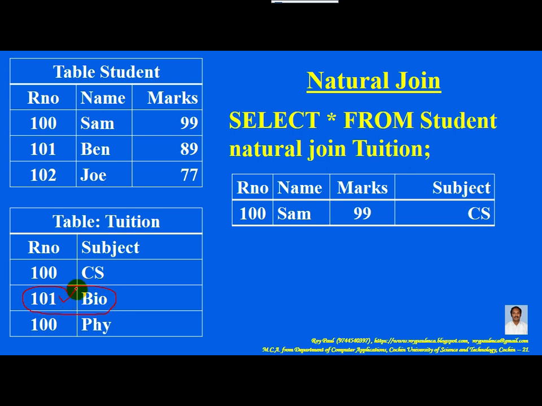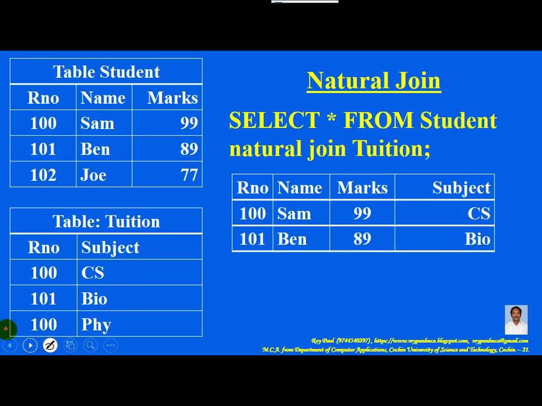So the details of 101 should be taken from the parent table first. It should be written here followed by the corresponding subject name. Finally, in the child table, there is another entry 100 physics. So details of 100 should be taken from the parent table. It should be written here followed by the corresponding subject name.